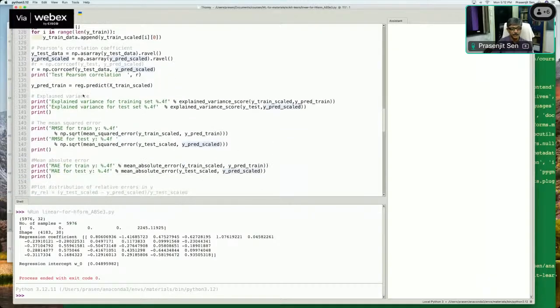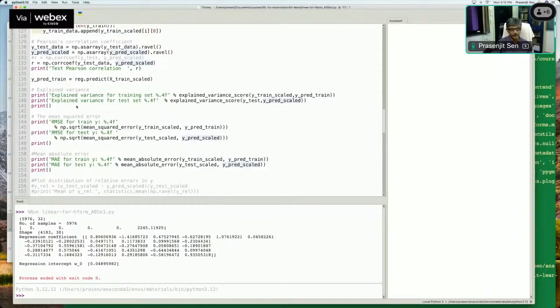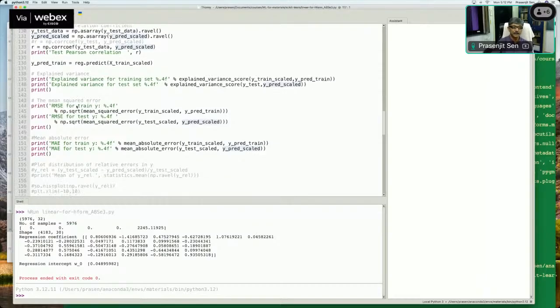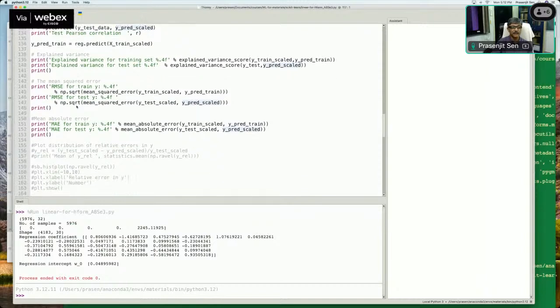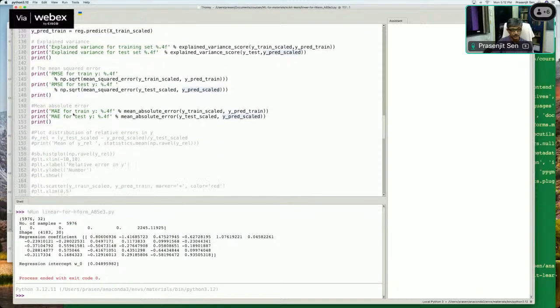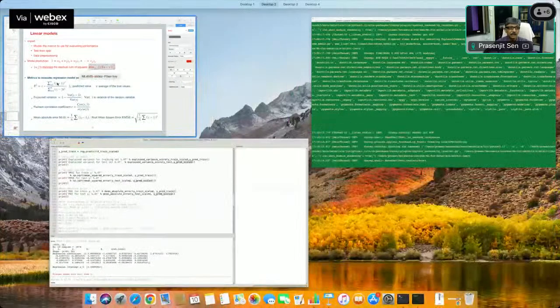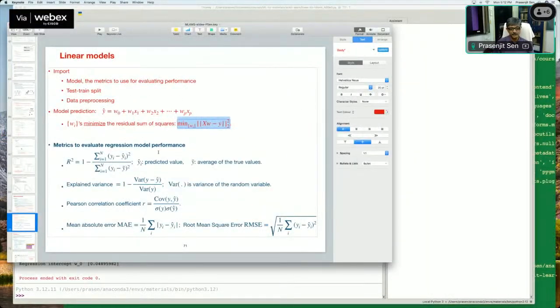Then you can calculate the explained variance, the root mean squared error, and the mean absolute error. So let us look at the expressions for these quantities. R2 score is this, where the y hats are the predicted values and y bar is the average.